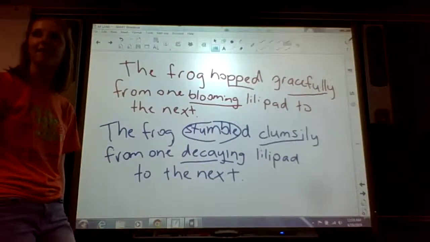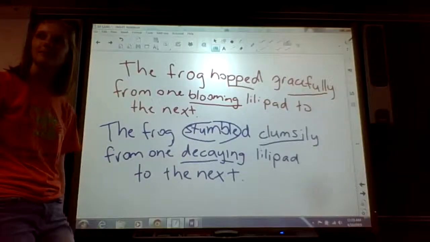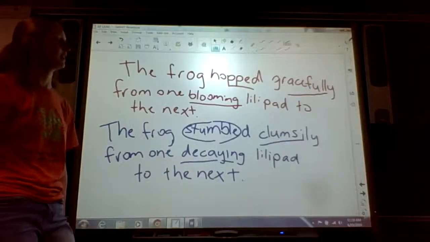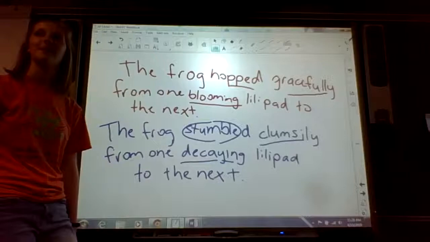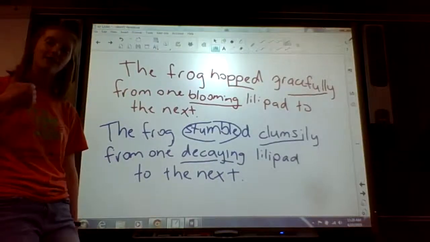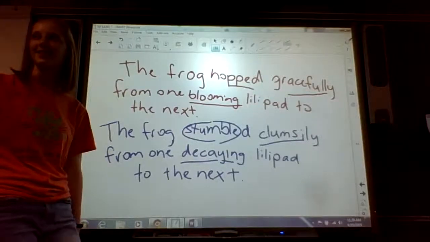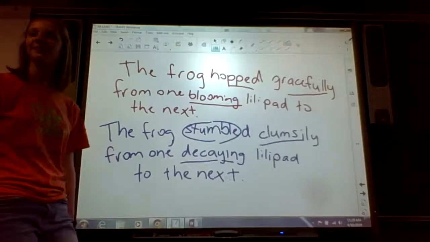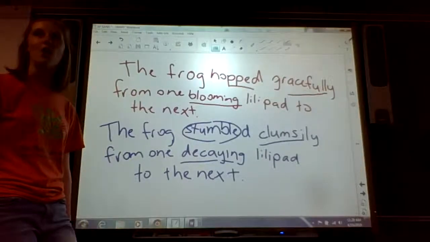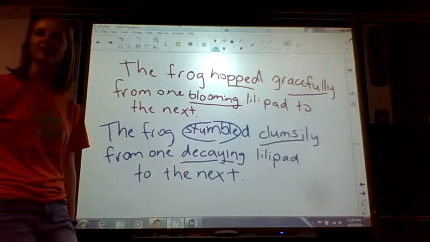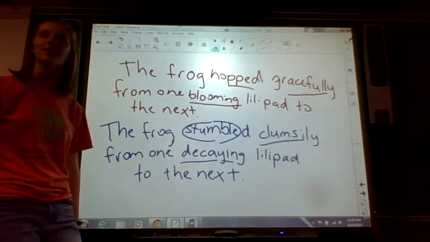No. If we changed stumbled to hopped, we would want to keep the modifier. Because stumbled is such a precise verb, it does not require the modifier clumsily. So we would say sentence number 2 is an example of an unnecessarily verbose sentence.